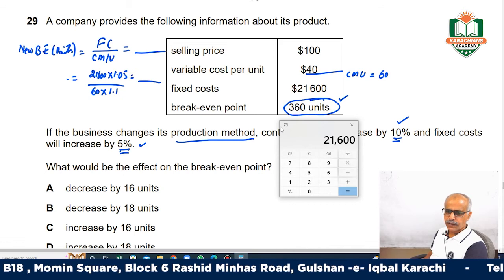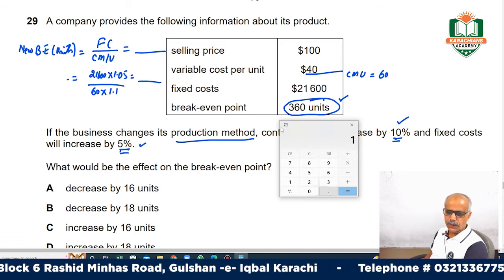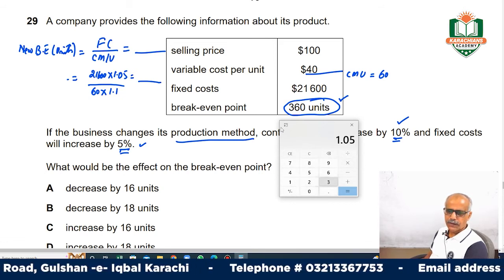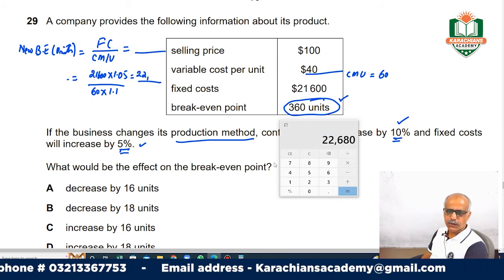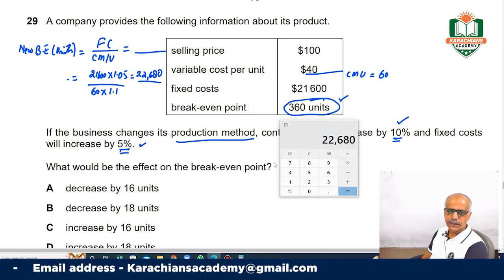21,600 multiplied by 1.05, the fixed cost will be 22,680.